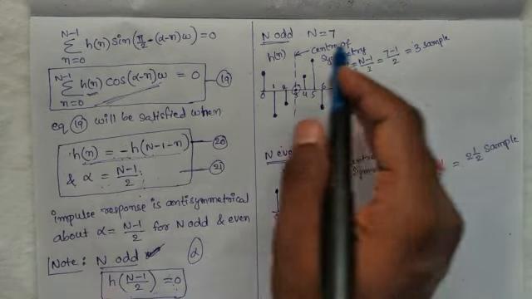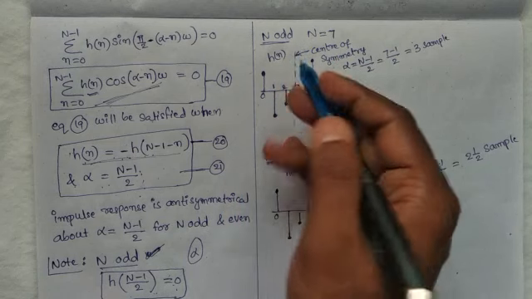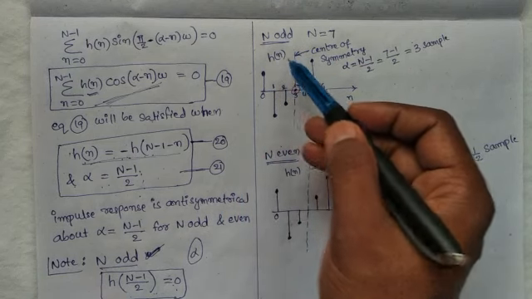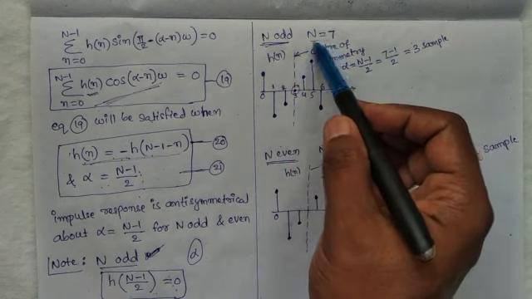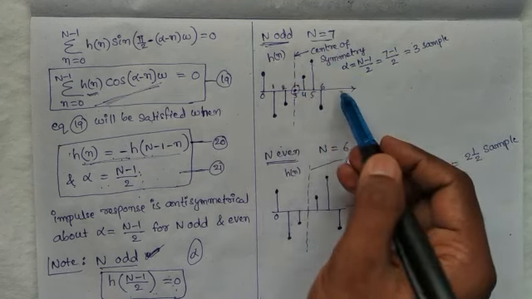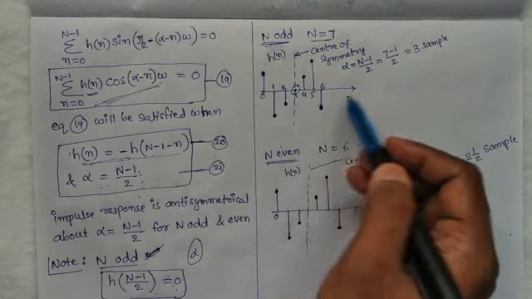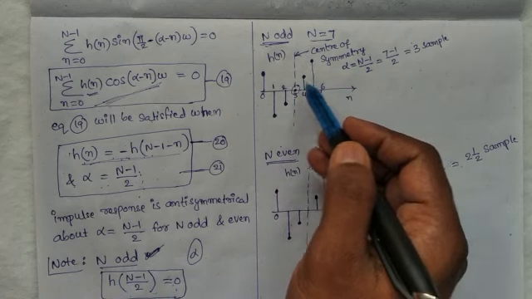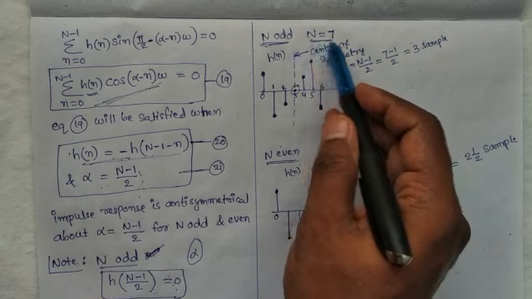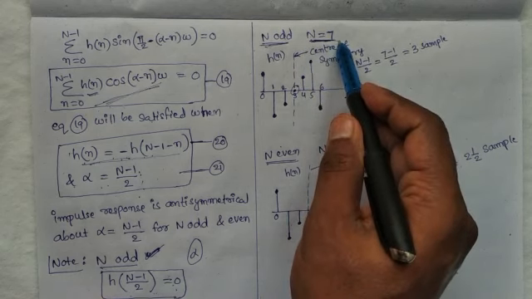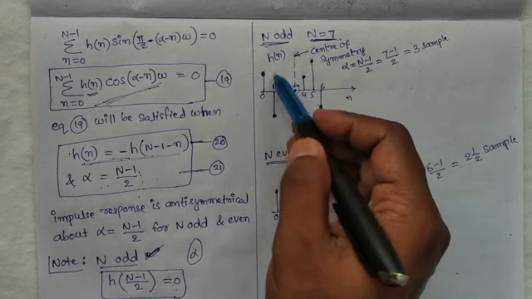Now we are observing it from simple examples, for capital N odd and capital N even. For capital N odd, let us consider capital N is equal to 7. Here this is the given impulse response h of n.